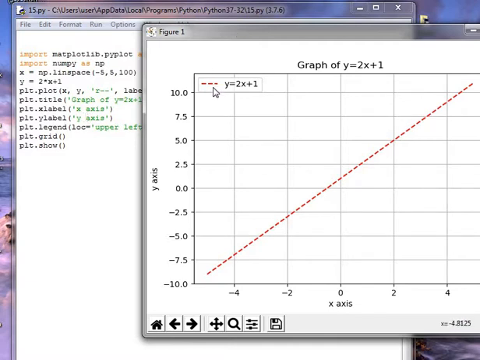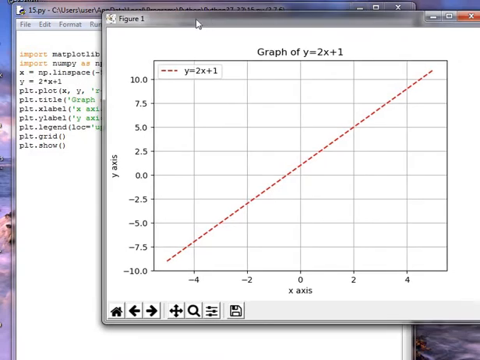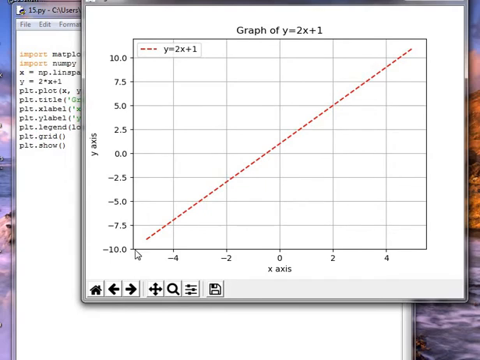Legend is at the upper left corner, and also the linspace values are from -5 to 5. That is in the x location, x-axis. x equals np.linspace, so in that x-axis from -5 to +5. Okay.